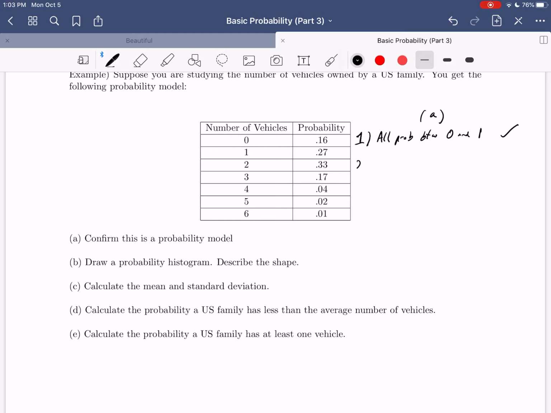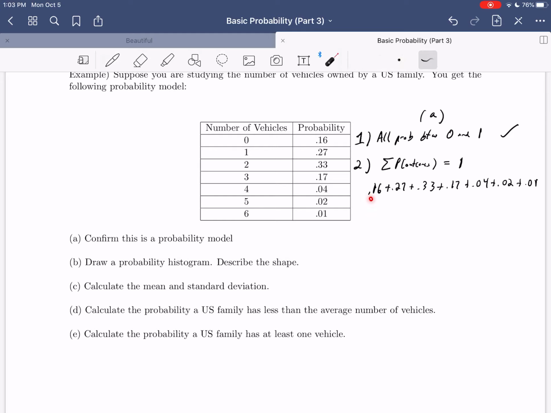We're all good there. And the second thing we needed to check is that the probabilities for all of the distinct outcomes need to add up to 1. So the sum of the probabilities of the outcomes needs to equal 1. Well, is that the case? We can check 0.16 plus 0.27 plus 0.33 plus 0.17 plus 0.04 plus 0.02 plus 0.01.